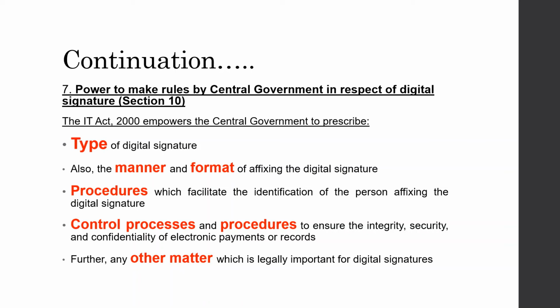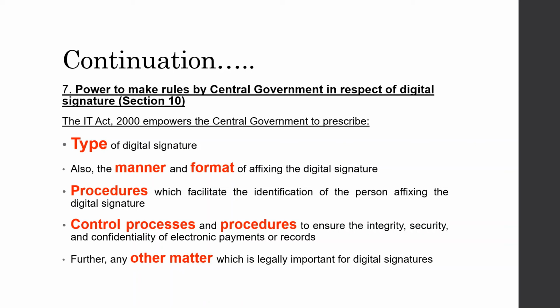Procedure relating to the identification of the person affixing the DSC, digital signature, can also be made by the central government. Also the control process or procedure to ensure the integrity, security, confidentiality of electronic payments or records.